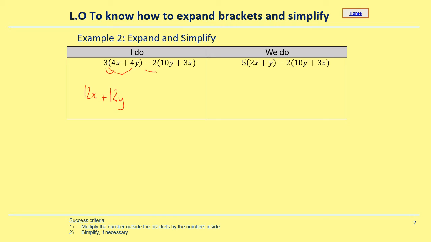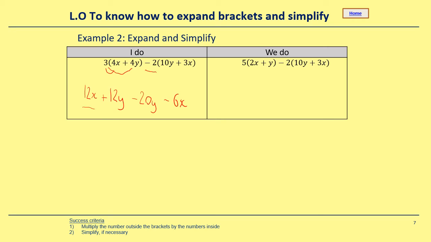So you need to make sure you're confident on your multiplication laws with negative numbers and positive numbers. But I'm going to treat this as negative 2. So I'm going to do negative 2 times 10y, which gives me negative 20y, and negative 2 times positive 3x, which gives negative 6x.